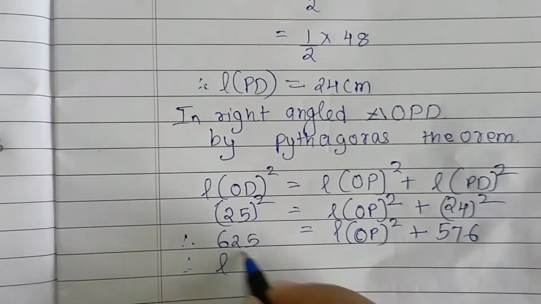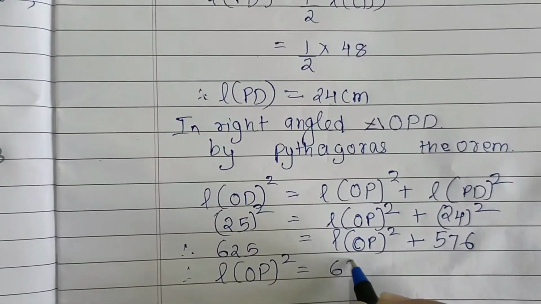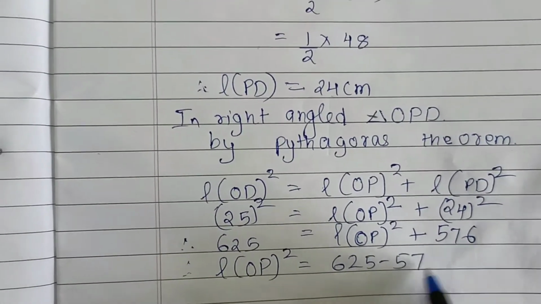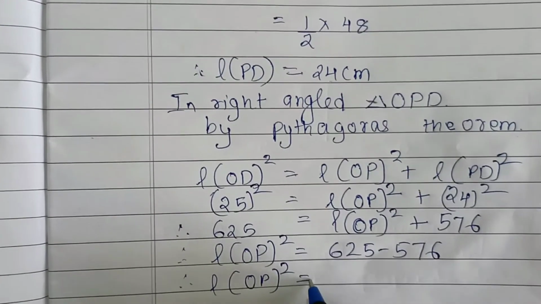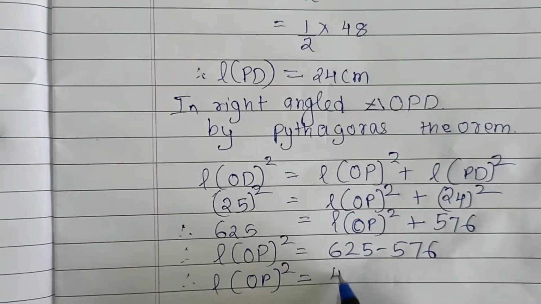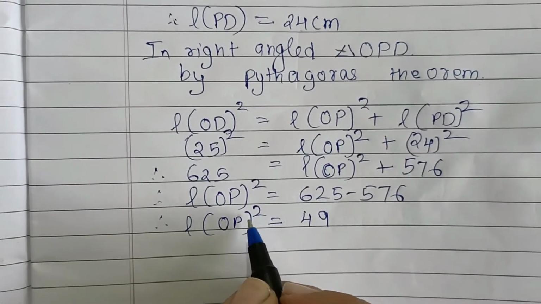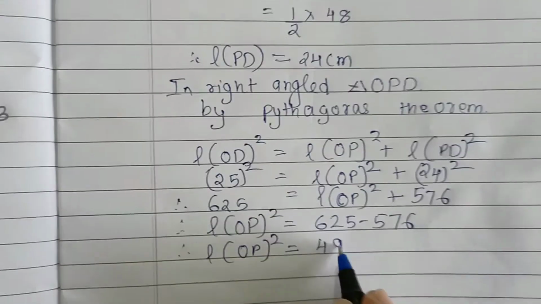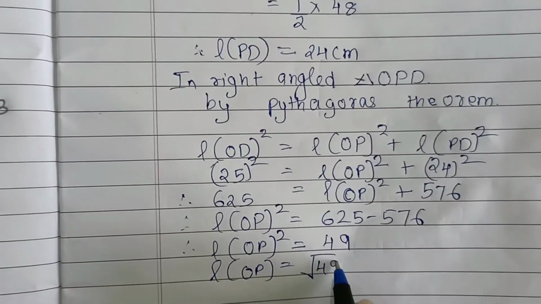Now we'll solve this equation. So therefore length OP square will be, subtraction of this will give us 49. So now since we just want the length of OP, here it's square, so we'll take out the square from both the sides. So length OP will be square root of this number.